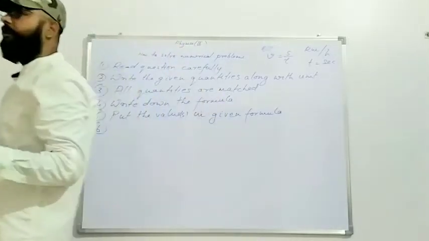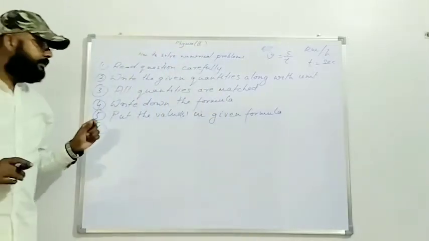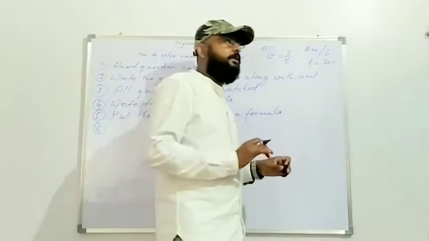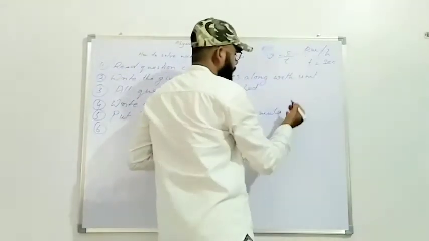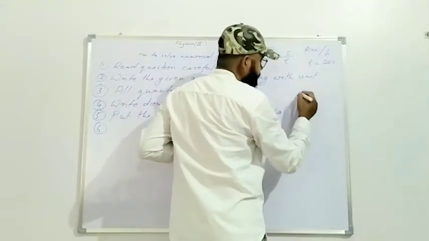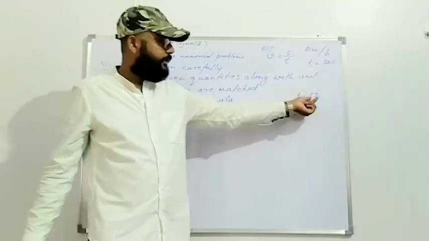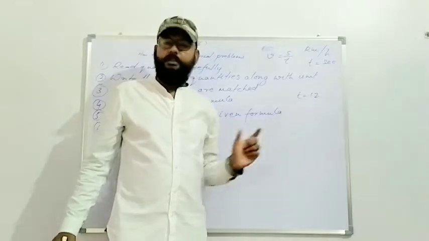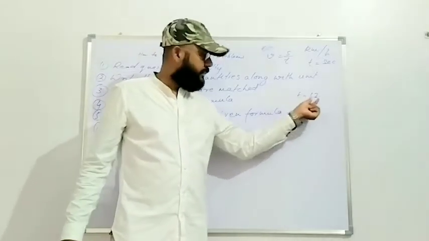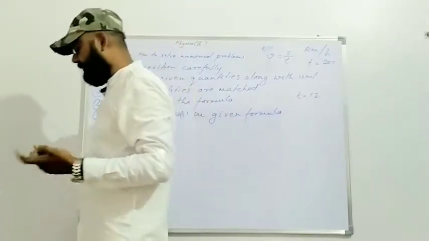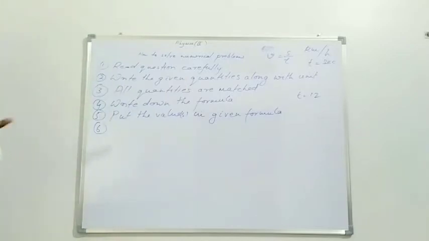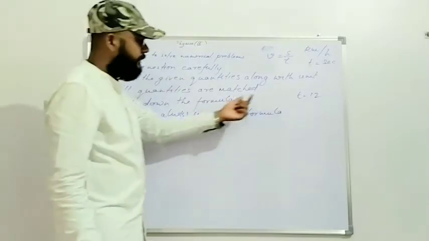Unit is very important. At last you have to write the unit also, because suppose I say that t is equal to 12, okay, without unit it means nothing. Okay, t is 12 what, hour, second, or what, no information we are getting from this.